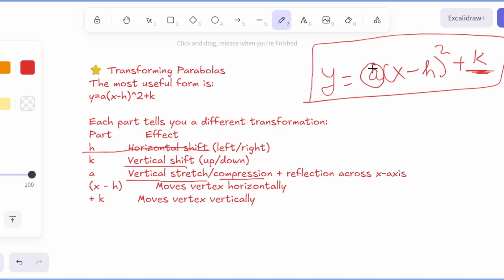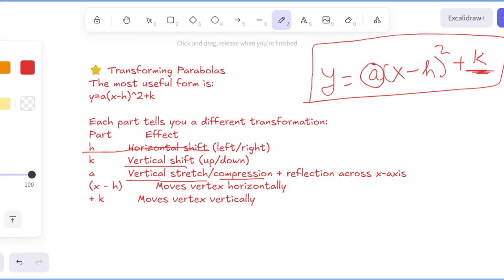And a will tell you whether it's a stretch or compression, plus any reflection across the x-axis, depending on whether the sign is positive or negative. The sign will matter, and also the value will matter. That we're going to do in the next slide.